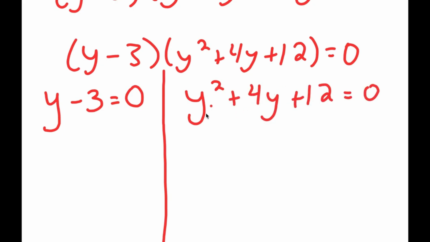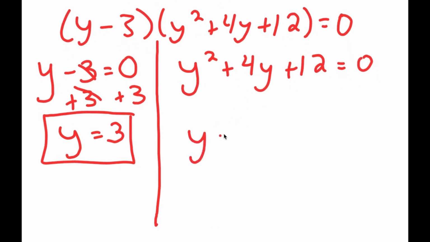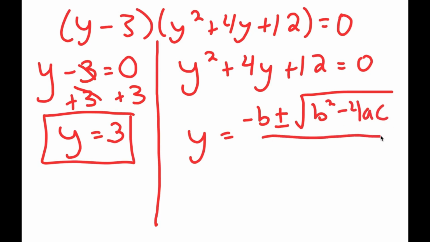So, for my first equation, y minus 3 equals 0, all I have to do is add 3 on both sides, and I get y equals 3. So this is my first solution of y. Now, for y squared plus 4y plus 12 is equal to 0, what I can do to solve this, because it's a quadratic equation, is use the quadratic formula, which is negative b plus or minus the square root of b squared minus 4ac all over 2a.